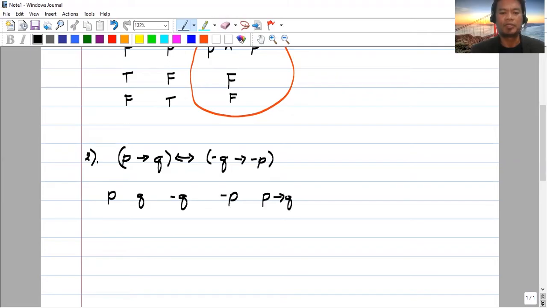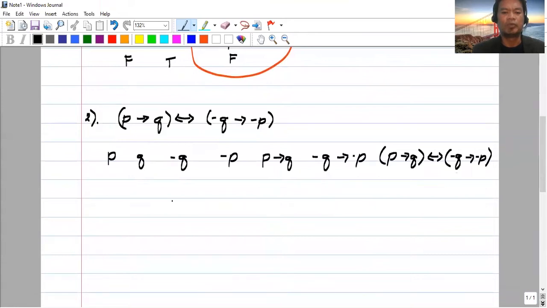P implies Q and not Q implies not P, and therefore we have P implies Q if and only if not Q implies not P. Okay, since there are 2 variables, we must have 4 rows.